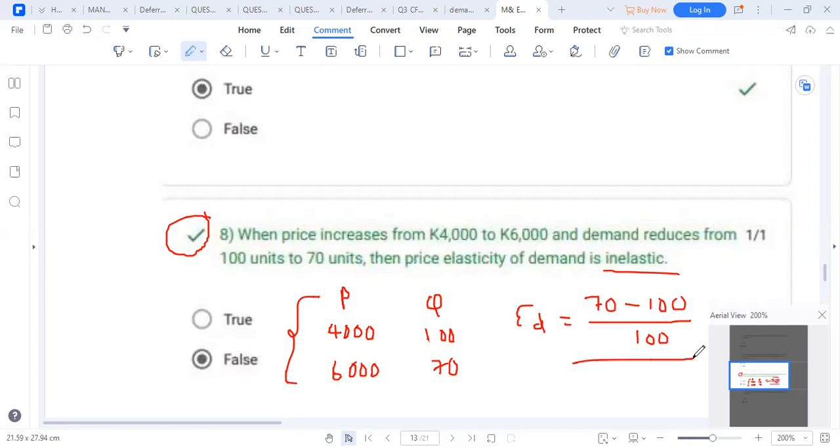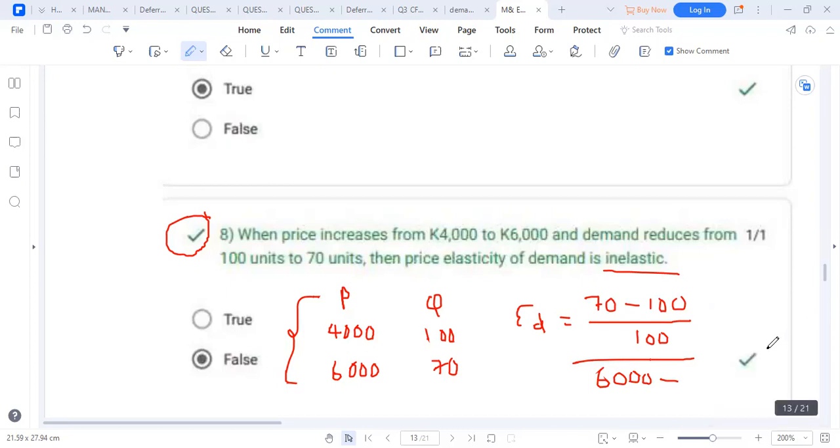Divided by what do we put? 6,000 minus 4,000, over 4,000. Correct. What did you get as a final answer? Minus 0.6.